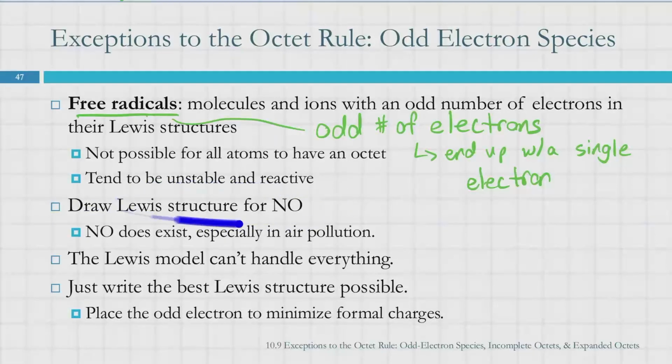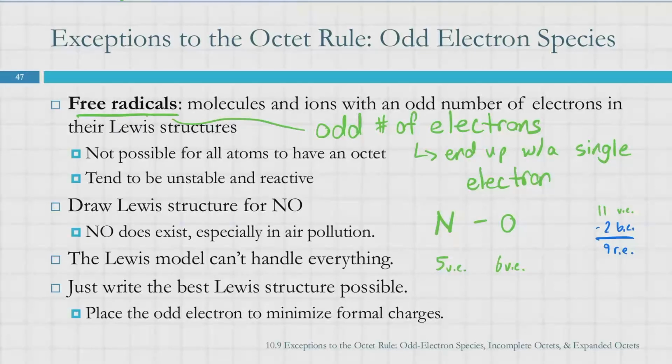If we look at the Lewis structure for NO, nitrogen has 5 valence electrons. Oxygen has 6 valence electrons. We do some bonding electrons. We've got some remaining electrons.